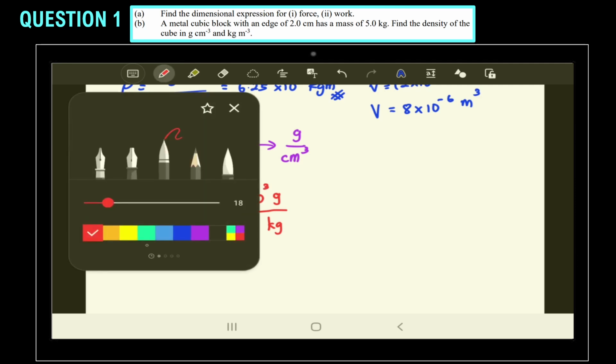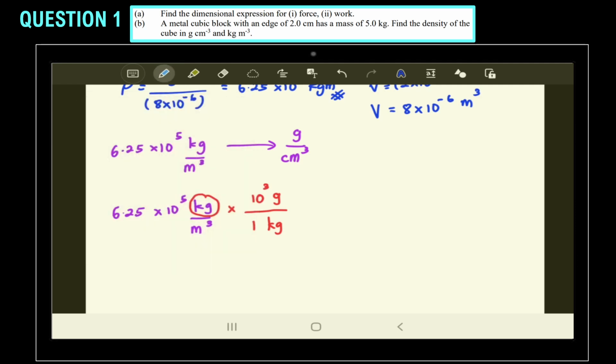Alright, settle. Then we move to this one. I want to change meter to centimeter. So look at here, meter. So I put here meter and here is centimeter. The unit meter here is at the bottom of the fraction and I put another one at the top of this fraction so that we can cancel the unit.